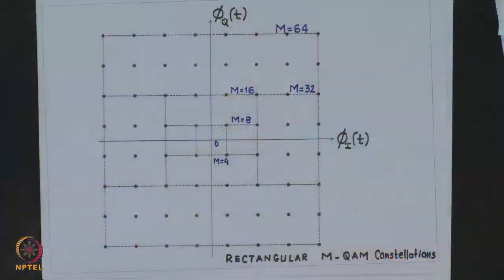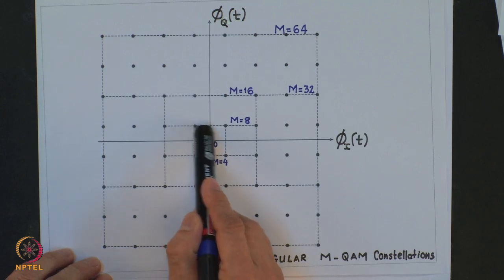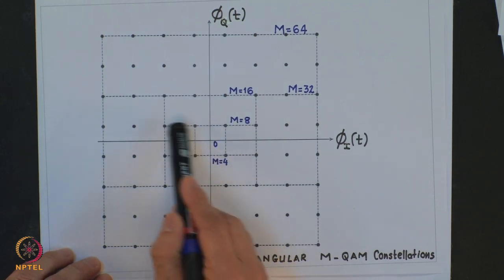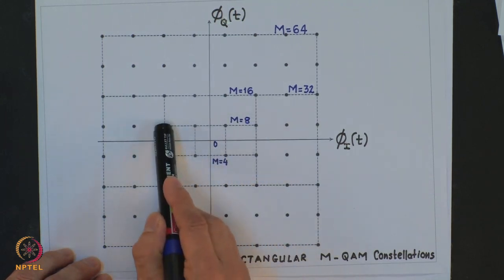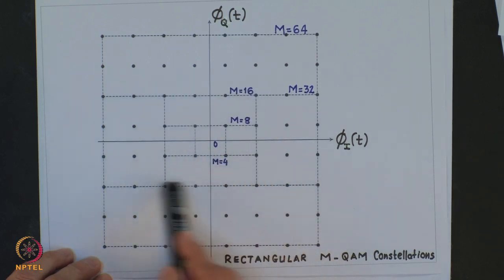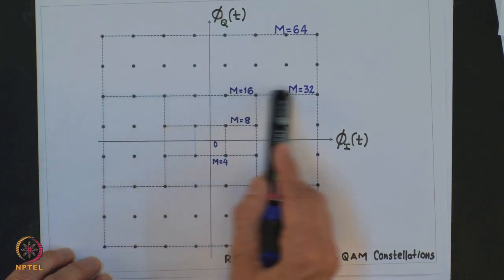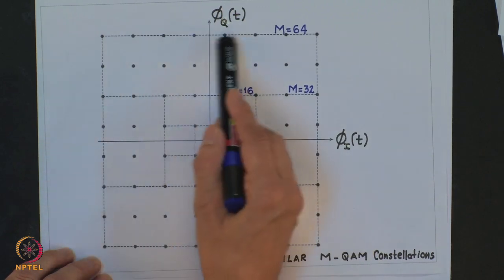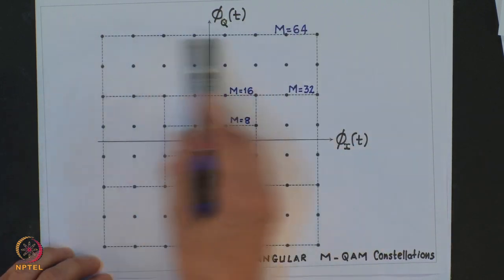This figure shows rectangular QAM constellations for M equal to 4, M equal to 8, M equal to 16, M equal to 32 and M equal to 64.